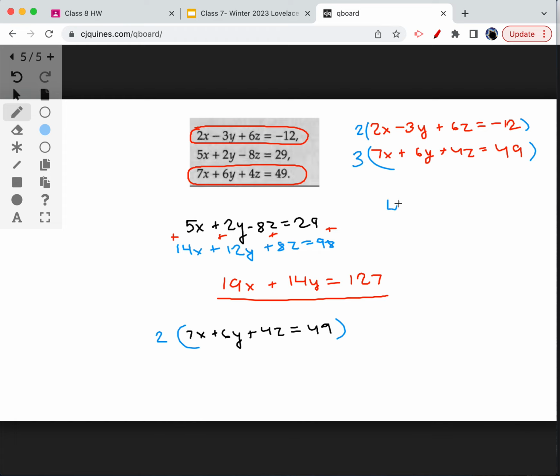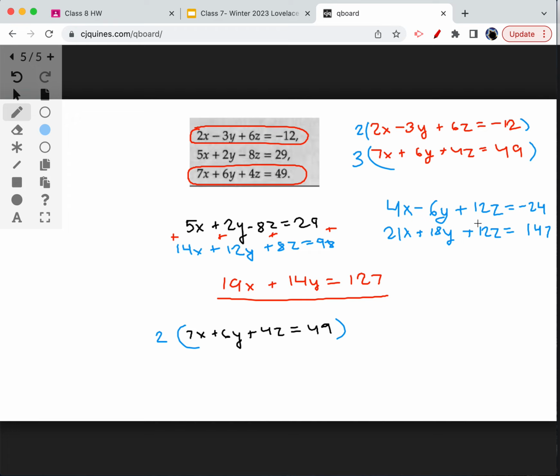So this gives us 4x minus 6y plus 12z is equal to minus 24, and 21x plus 18y plus 12z is equal to 147.